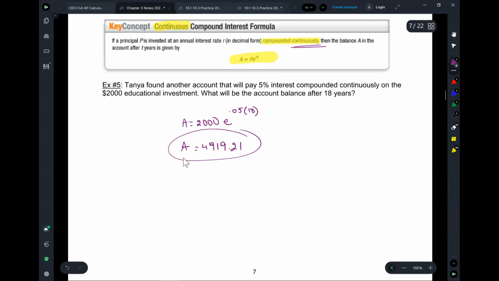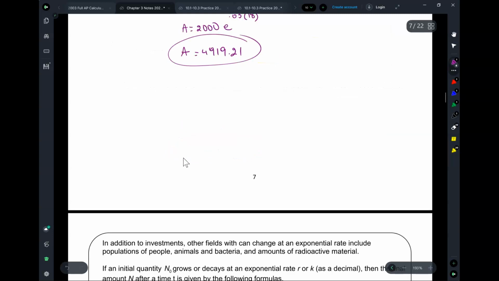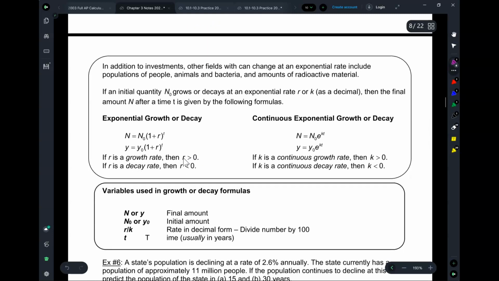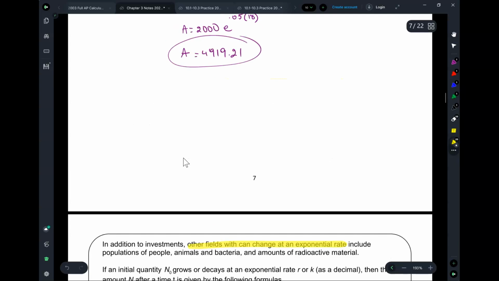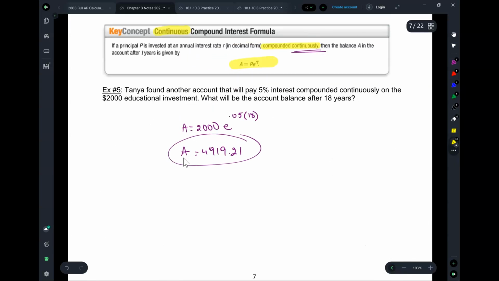Okay, so going back to Max's question, is this really just for this? Well, no, this is just one application of where we use these formulas. In addition to investments, other fields also change at an exponential rate, like population. So was that e in the last problem, like the number?